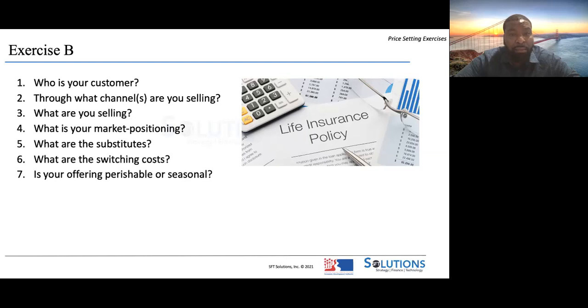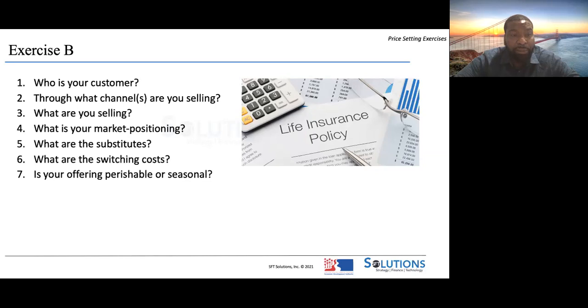So if you have a life insurance policy that you're okay with, you want to try to keep up with your premiums. Great point. Because when you switch, they may now require you to do a health assessment. And if you don't pass the health assessment, you may not be able to obtain that policy, depending on if you have pre-existing conditions. So it could be pretty hefty if you decide to change. And if you are able to get the new policy, it may be at an increased cost.